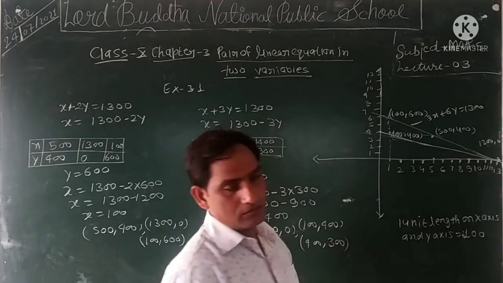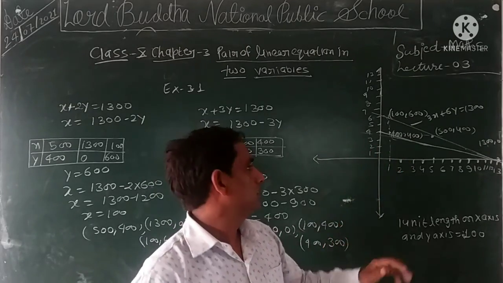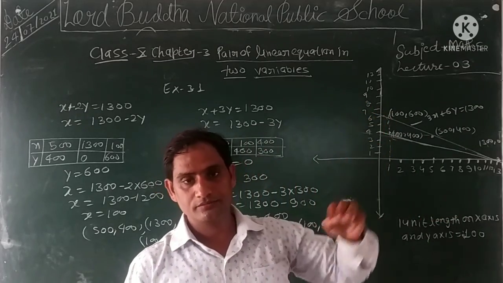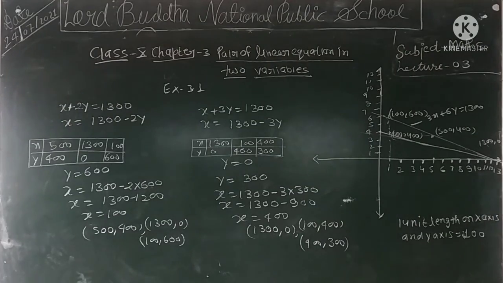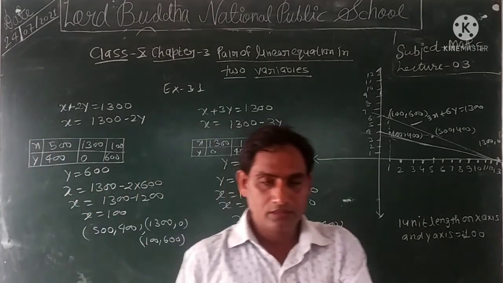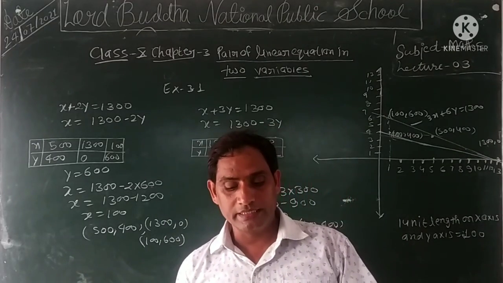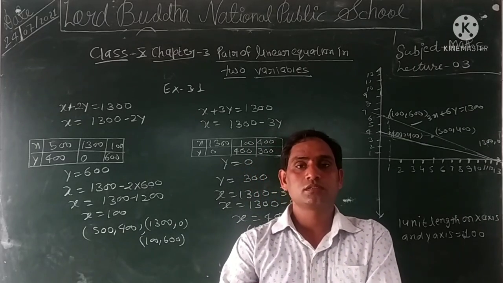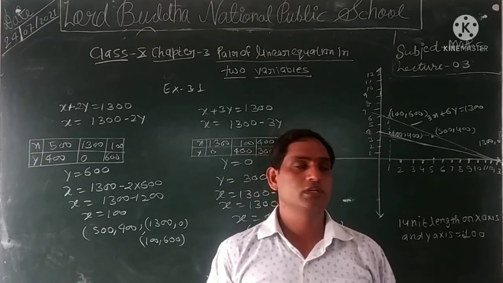When you draw it on the graph, then you will get a clear view of this graph. Okay. In a similar way, you will solve the next questions too. I will make the equations and find out the values. You will draw the graph by yourself.